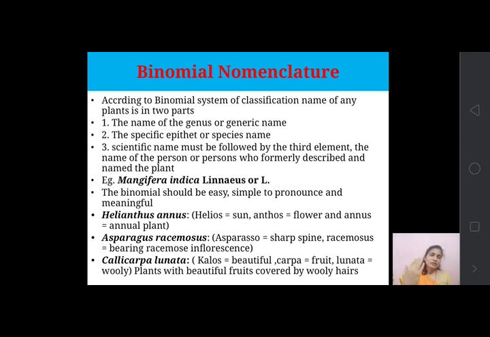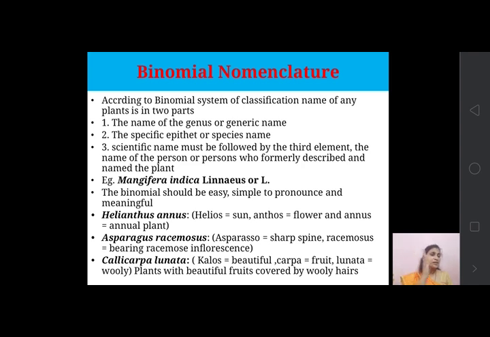Again, one example is Callicarpa lanata. Simply hearing Callicarpa lanata, we don't get anything, but when we see the meaning of those words, what is kalos and what is carpa? Kalos means beautiful. It is the Latin language, and Latin is very specific and very meaningful.